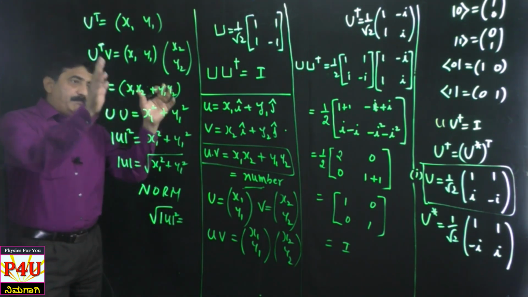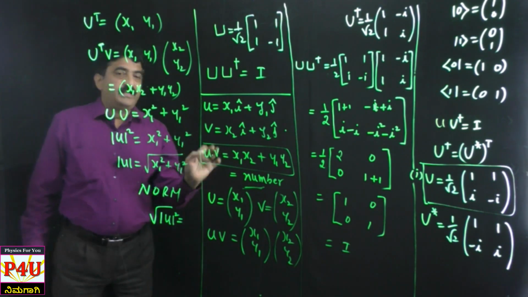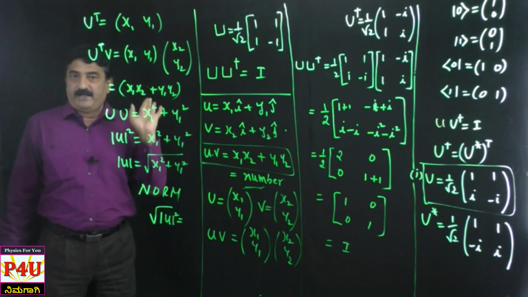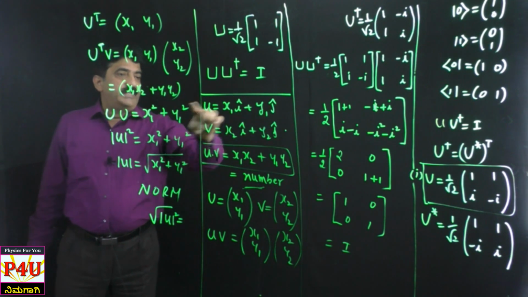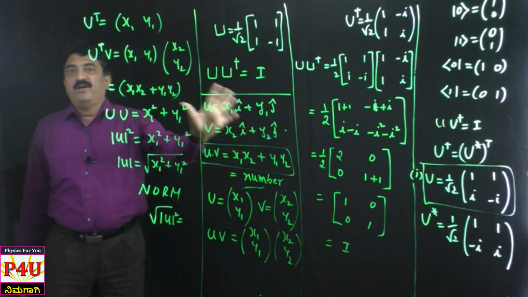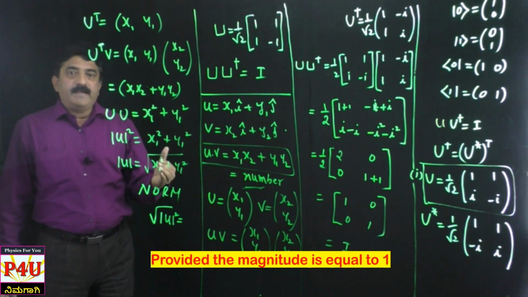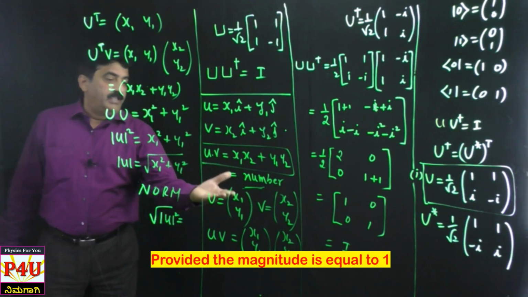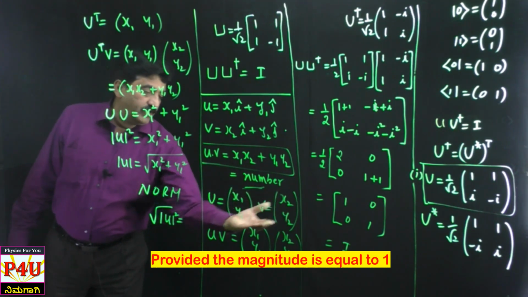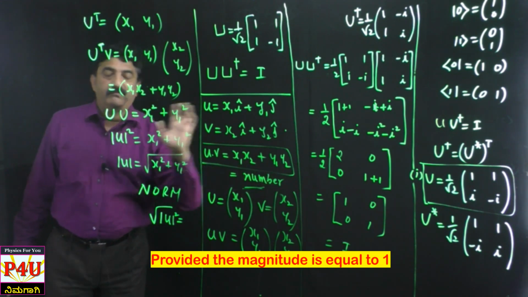Got it? Well, I repeat once again, inner product is nothing but the dot product of two vectors. In the normal course, it is written in this form, with which we all are familiar. In vector space or in matrix form, we cannot write it this way, because you won't get back x1 x2 plus y1 y2.